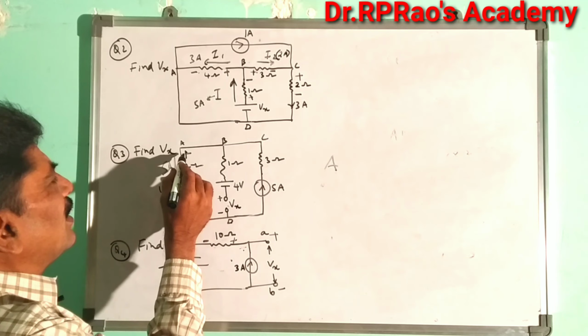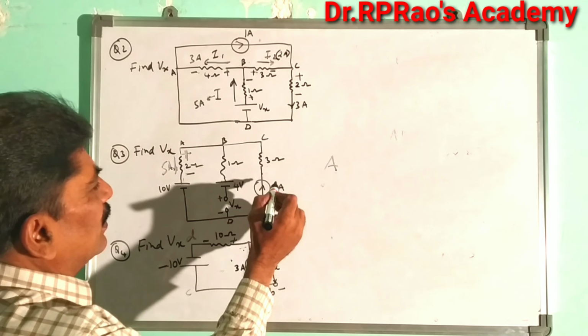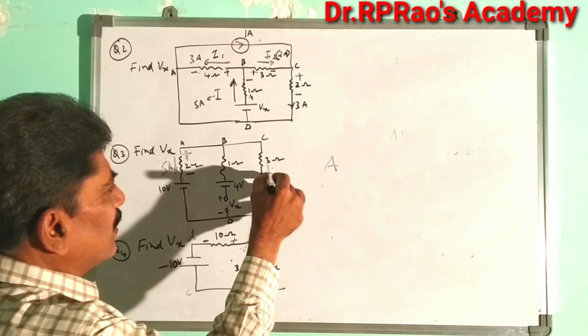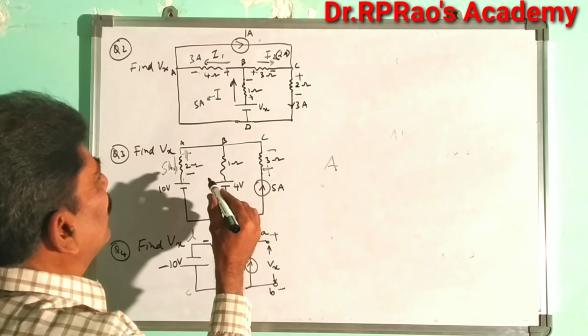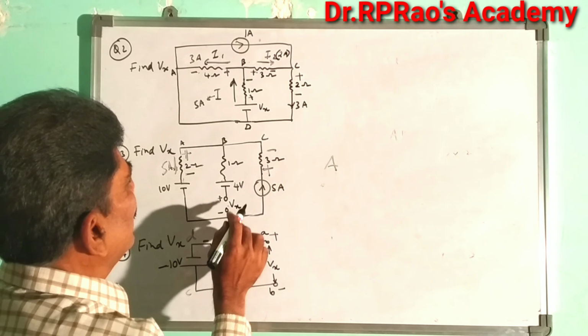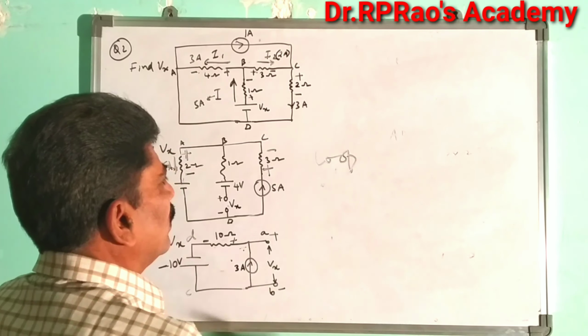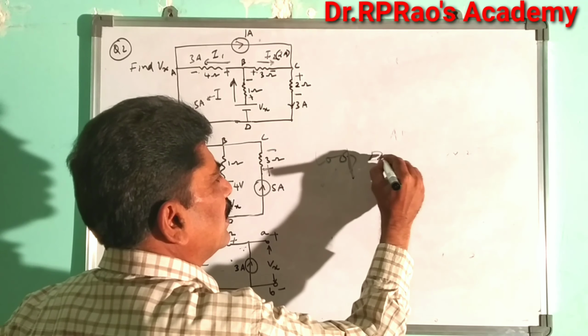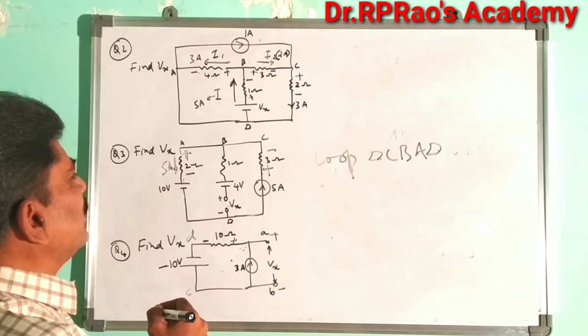So let us apply KVL. What about the polarities? This is plus, this is minus. Here current entering. So plus, minus. Now apply KVL to the loop DCBAD.